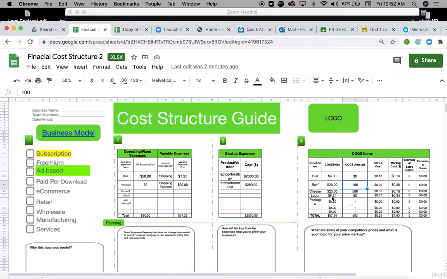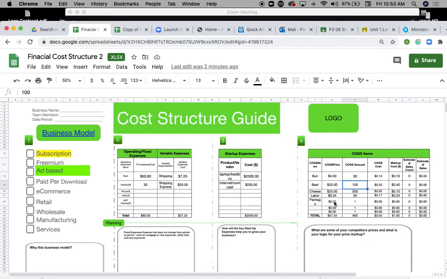Well, labor is $8.34, but I factor labor like this: how many burgers can this person make in 1 hour? Well, they can make 50 burgers in 1 hour. I divide that, and that gives me 17 cents. That's calculated into every burger that's sold to give me my labor cost.